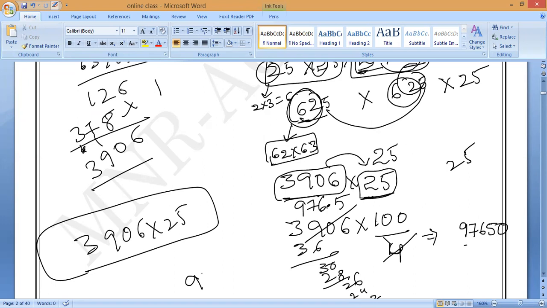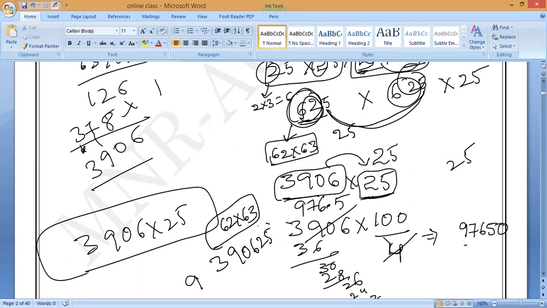Sixty-two into 63. See, here 5 into 5 is 25, correct? 5 into 5 is 25 and 62 into 63 is 3906, so the value is 390625.